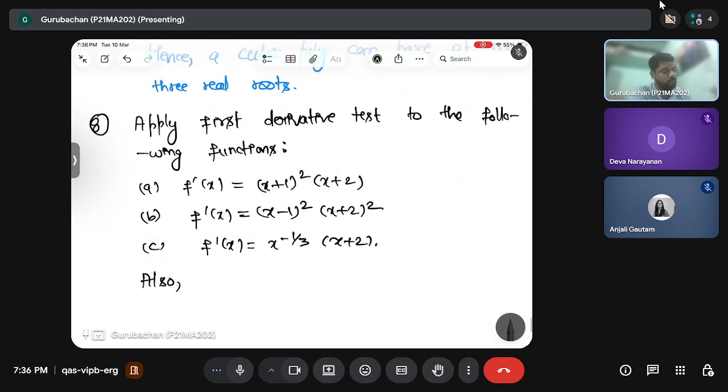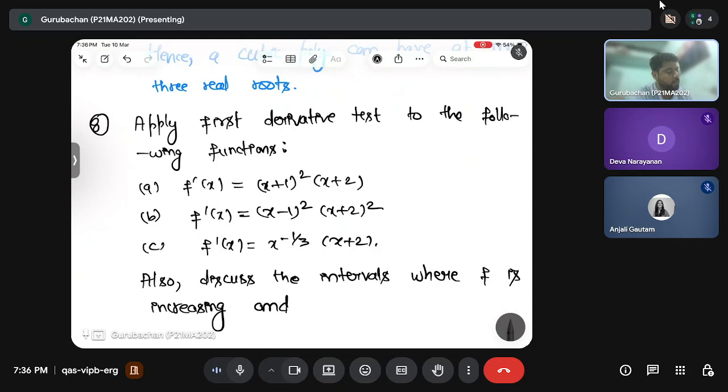Also discuss the intervals where f is increasing and decreasing, and check your answers with the second derivative test.